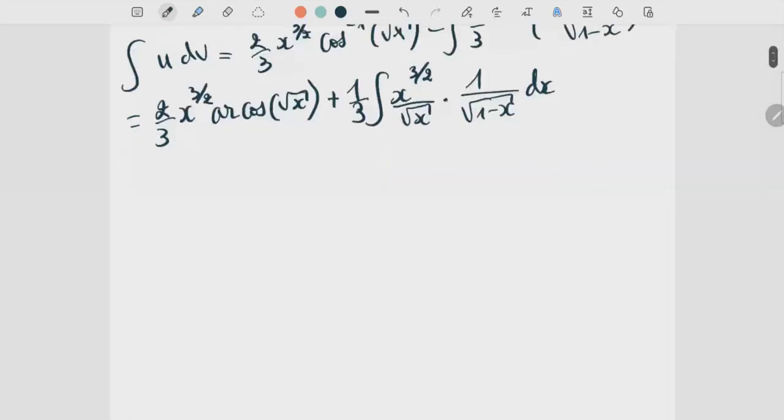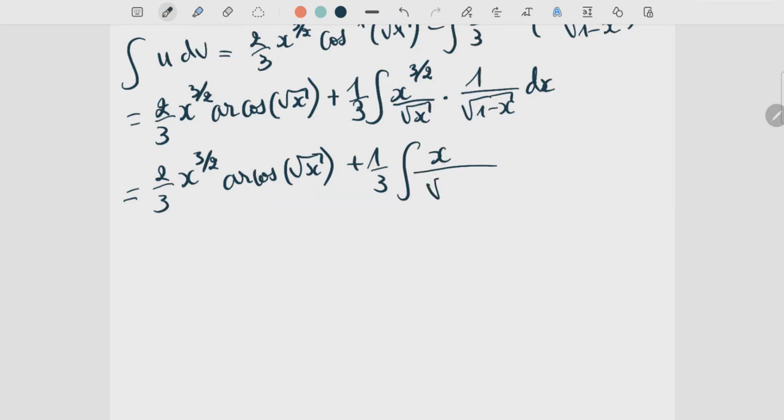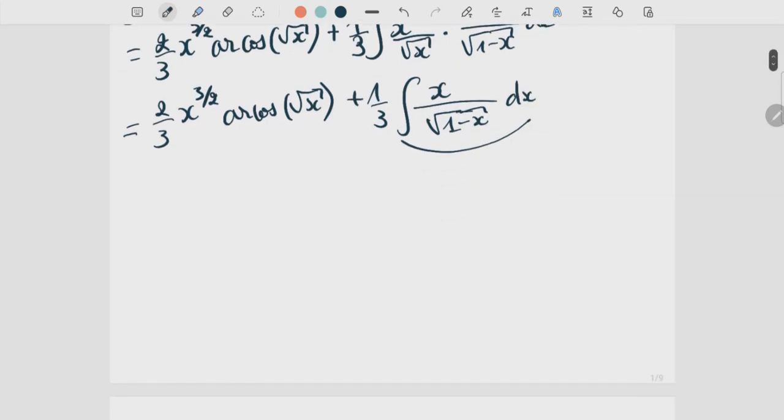Simplifying this further, we have 2 over 3 times x to the 3 over 2 arc cos of the square root of x plus 1 over 3 multiplied by the integral. If you simplify the x here, you have x over the square root of 1 minus x dx. So now we have this integral to worry about. Let's solve it separately.